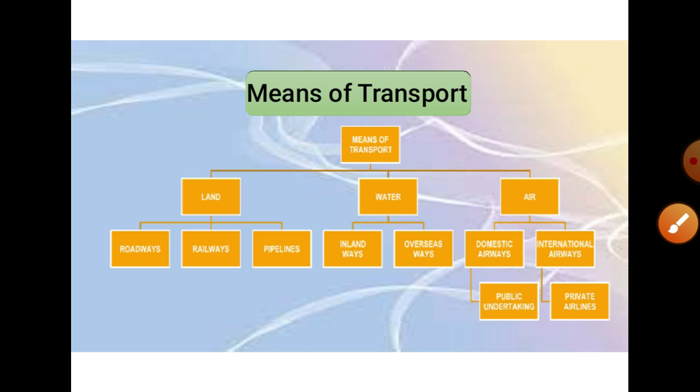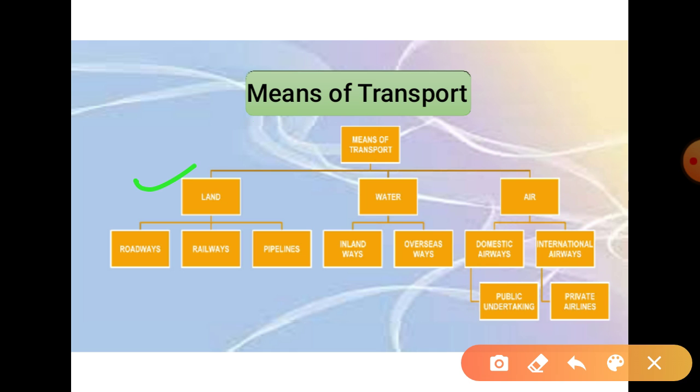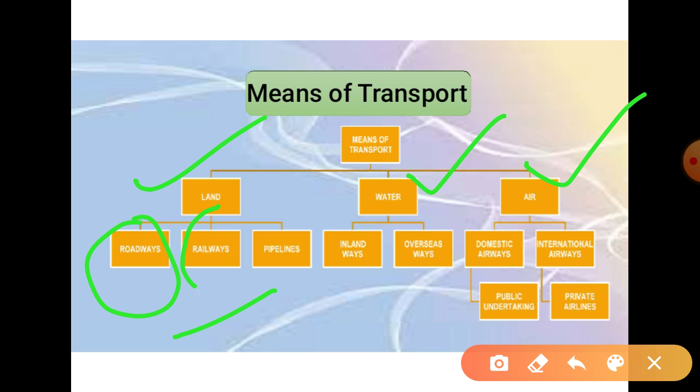So here we can see the means of transportation. As I told you, there are three modes of transportation: first landways, second waterways, and third airways. Landways have three parts: roadways, railways, and pipelines.